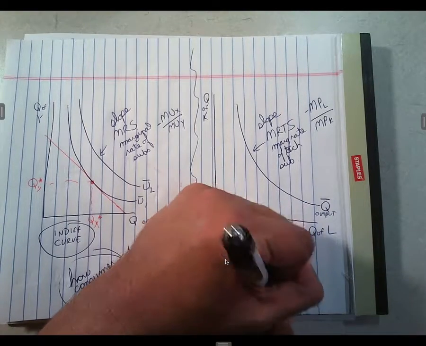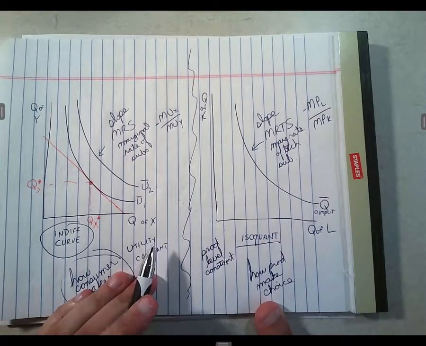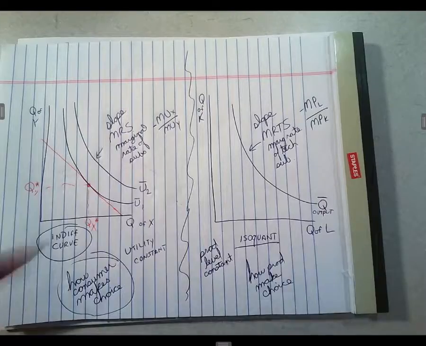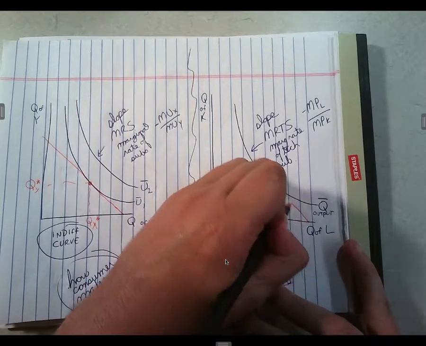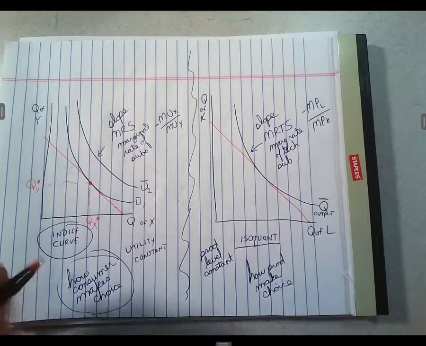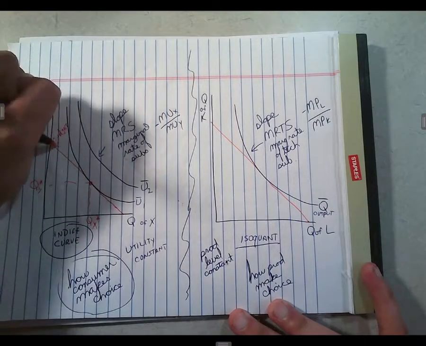So how does the producer make a choice? I'm going to have to add a line here, and that line is going to be just like my budget constraint over here.